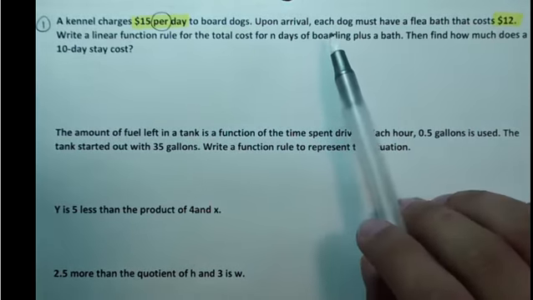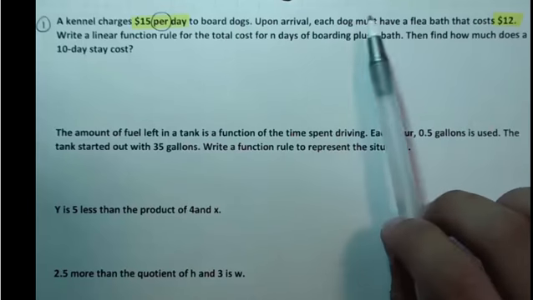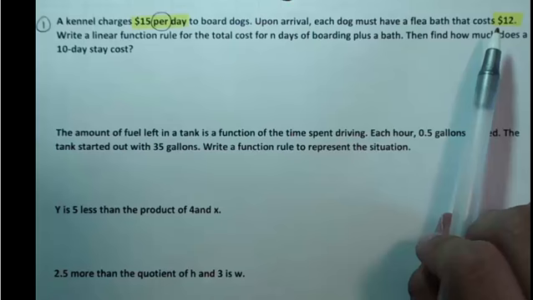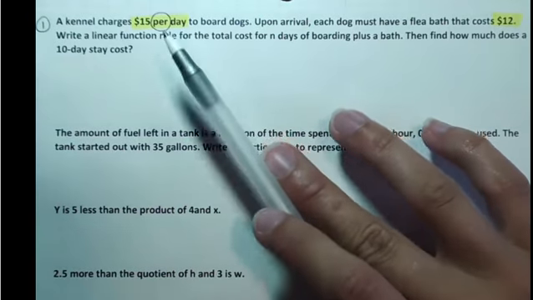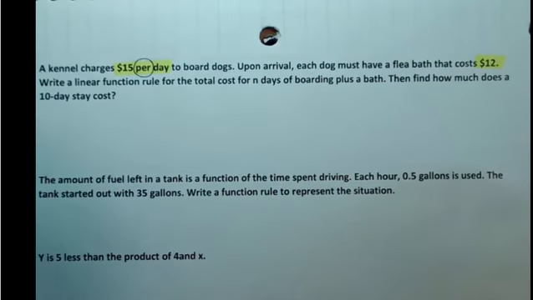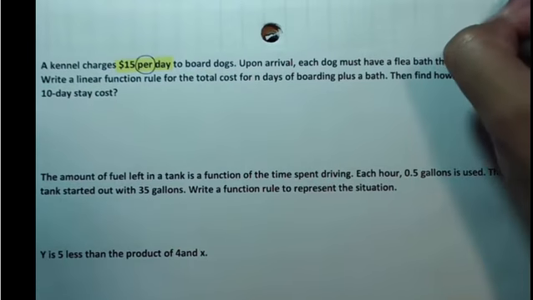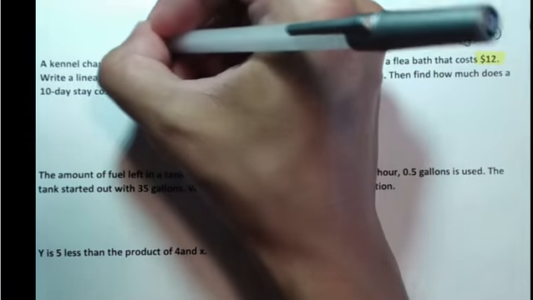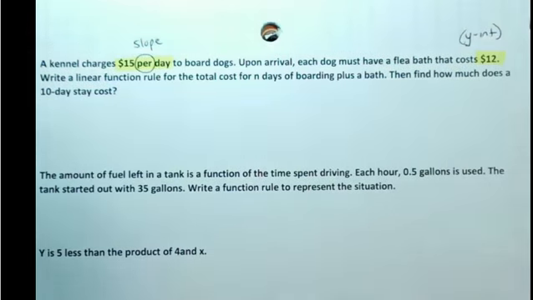No, it doesn't, right? It's just upon arrival, they have to have the $12 bath. Once they have that bath, they're done. They can stay for a week, they can stay for 3 days, it doesn't matter. So this is my one-time fee. So this would be my y-intercept. That's the initial fee that I have to pay. This would be my slope so far.